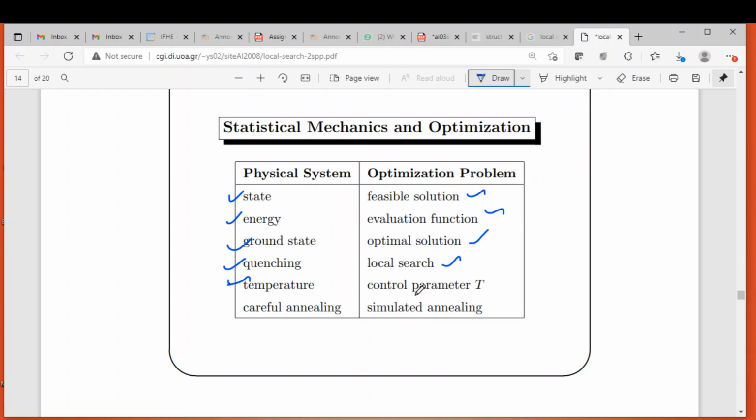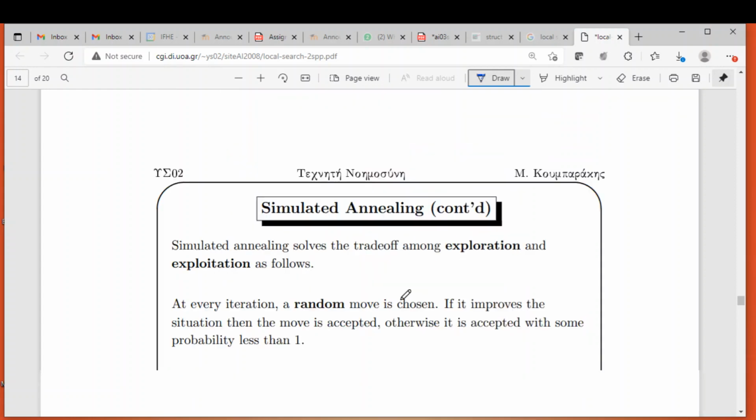But here instead of temperature, we use something called a control parameter, represented as T. In physics the term is annealing or careful annealing, and in AI we use the term simulated annealing. So these are just the equivalent vocabularies.